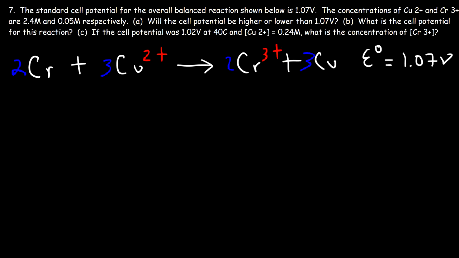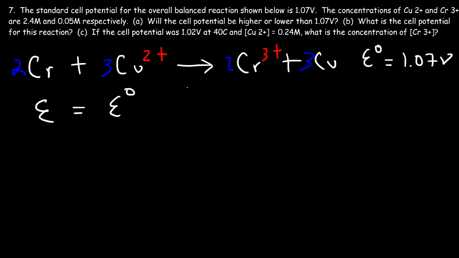So we need to use the Nernst equation in order to calculate the cell potential under non-standard conditions. If the concentration of the ions are not 1 mole per liter, then the conditions are non-standard. So we're going to use this equation.